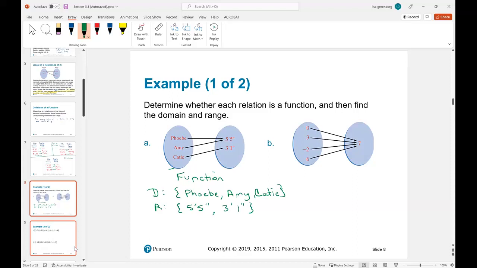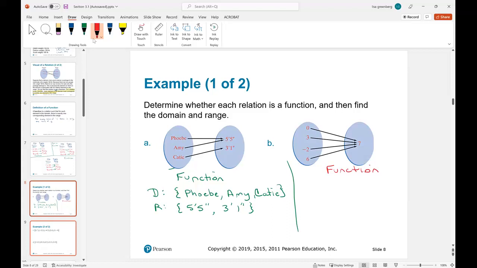Okay. Now look at B. Is B a function? So I just want you to think about it before I answer. And well, it's a function. So why is this a function?